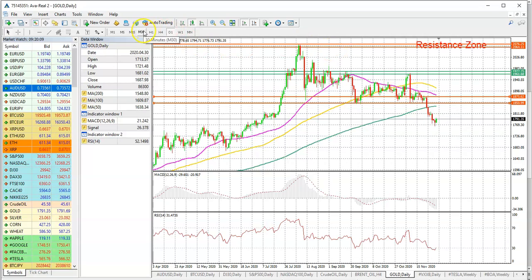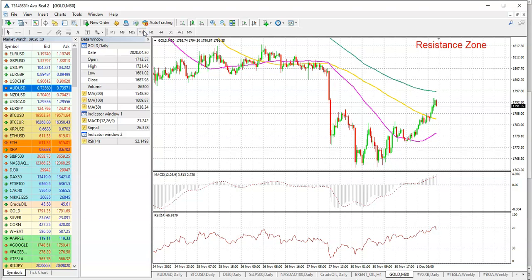But on the 30-minute time frame is where we get the biggest buy signal first, and that came, let's just say, yesterday when the price initially moved above the 50-day simple moving average on the 30-minute time frame.